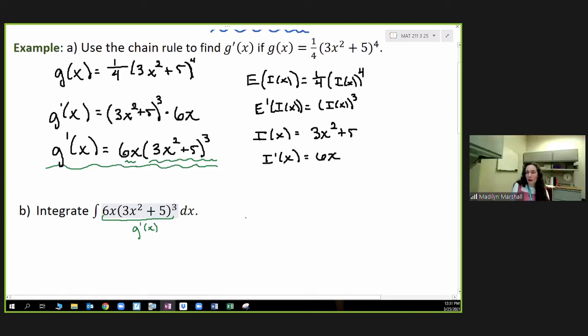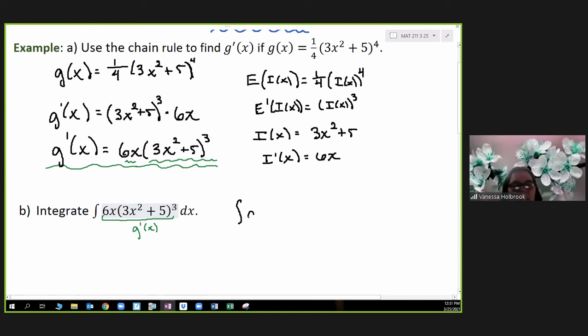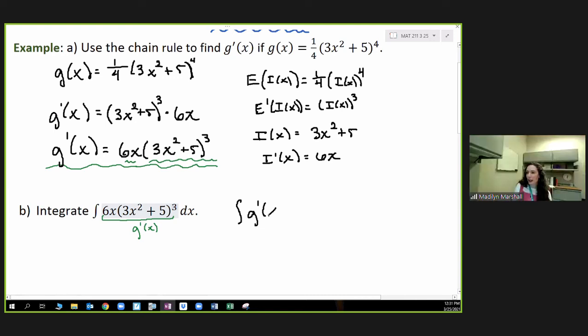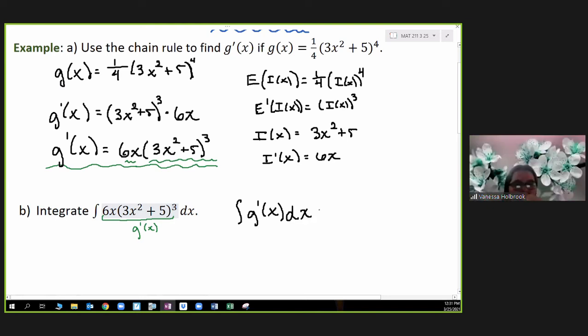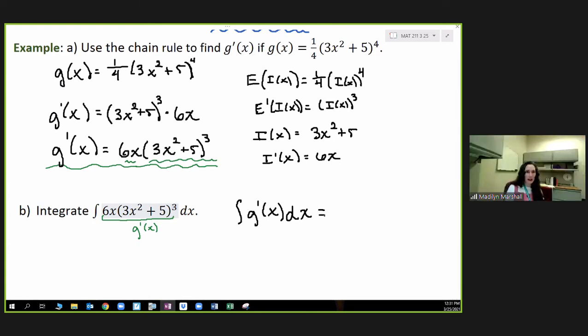So without even using those actual functions yet, what we're looking at is the integral of G prime. In the previous example, we integrated C prime. We integrated the marginal cost.